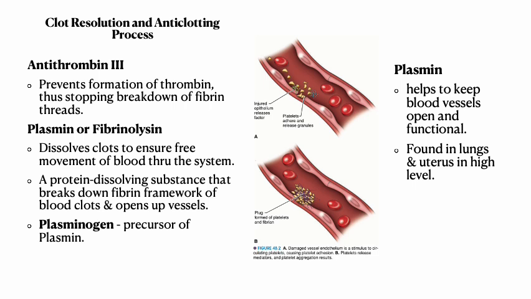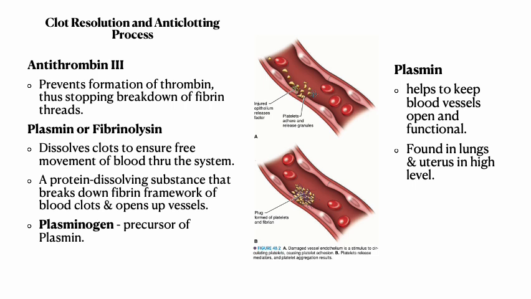For that, we have antithrombin III, which prevents formation of thrombin, thus stopping breakdown of fibrinogen into fibrin threads. Then we have plasmin, or fibrinolysin. This dissolves clots to ensure free movement of blood through the system, and this is a protein dissolving substance that breaks down the fibrin framework of blood clots and opens up vessels.